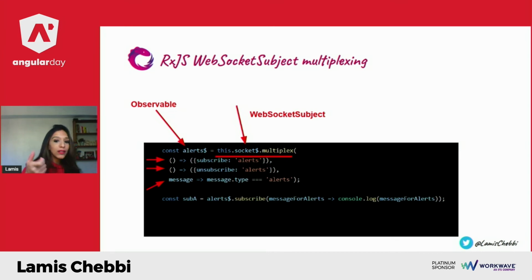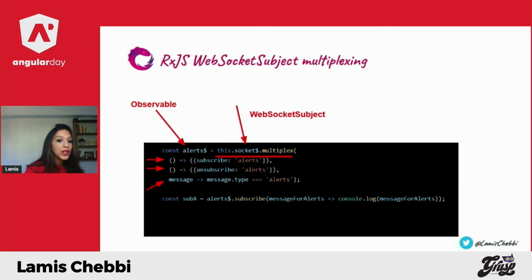So when you use multiplex, you are multiplexing the stream, and it's available in the WebSocket Subject API, okay? And it returns an observable, and you can specify 3 callbacks. The first one and the second one are for subscription and unsubscription.